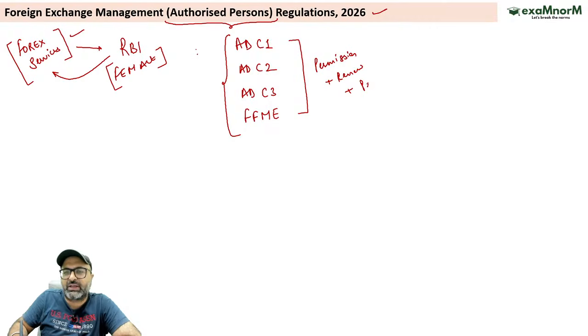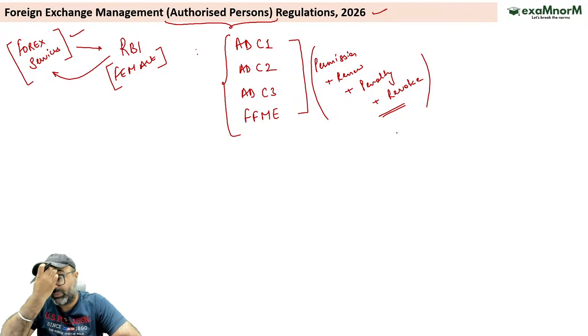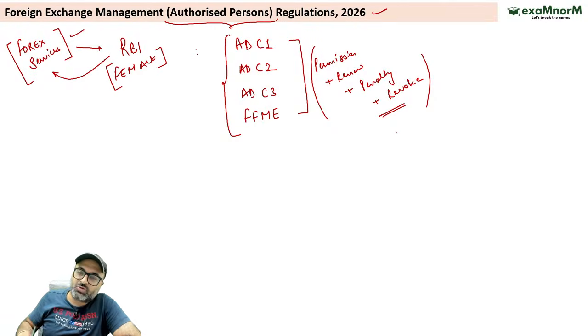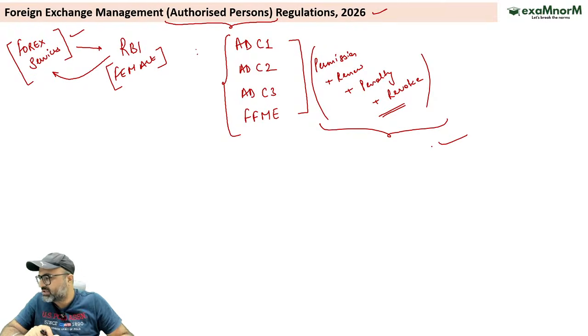If you are not following the requirements, what penalty will be charged, and under what conditions RBI can revoke this authority, so that the body is no longer allowed to be involved in the forex market. All these conditions have now been condensed into one circular, about which RBI recently informed.